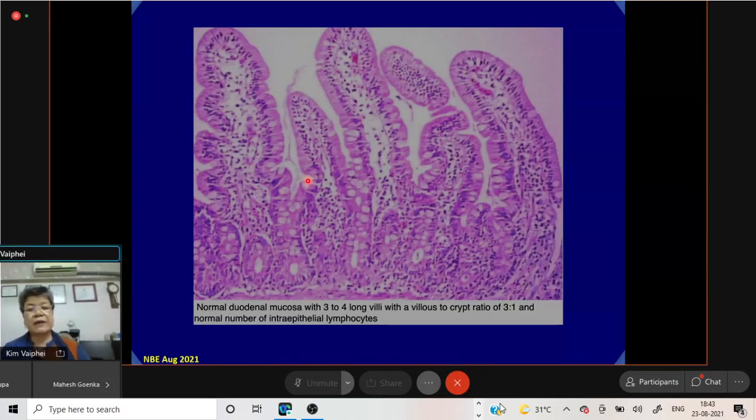And now the same thing can also be seen in the hindgut, in the reverse format, like 5 intraepithelial lymphocytes per 100 enterocytes and 20 goblet cells per 100 enterocytes in the hindgut. So the reverse is supposedly true for foregut and hindgut with respect to the goblet cells and the intraepithelial lymphocytes.